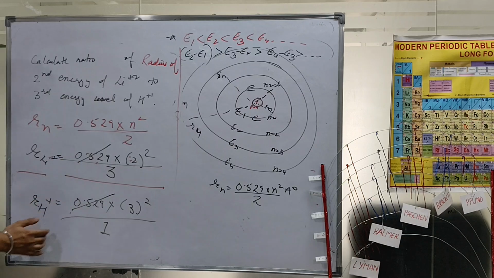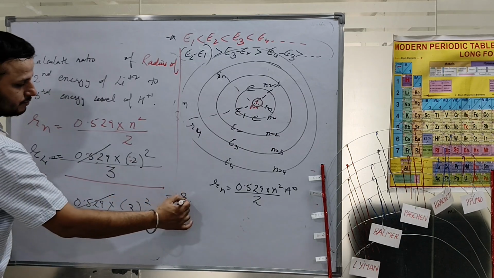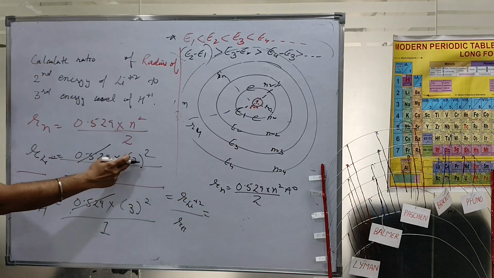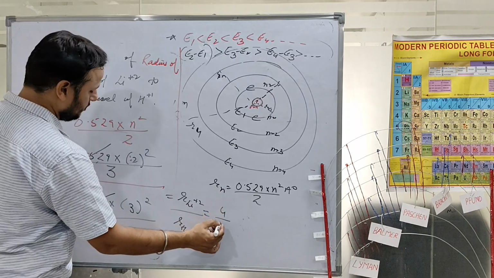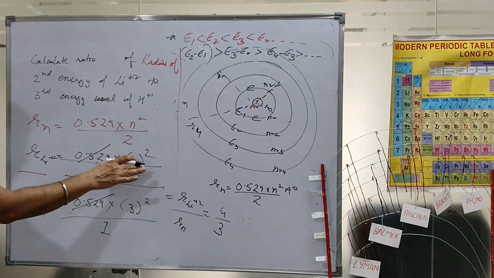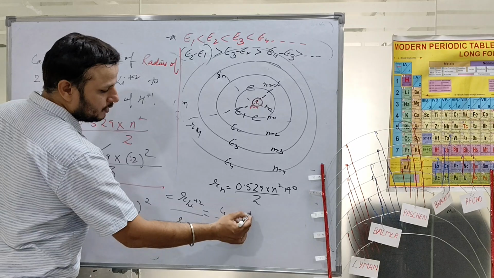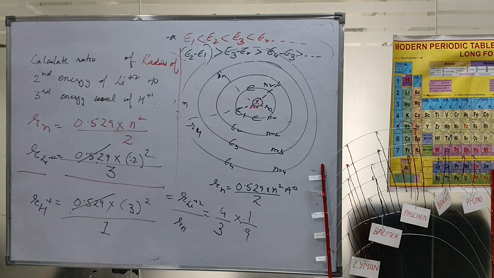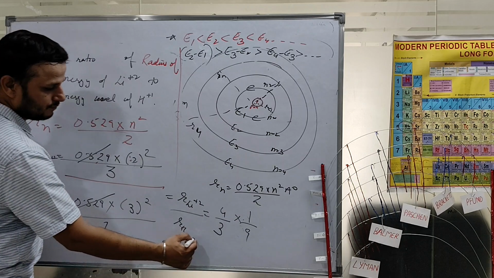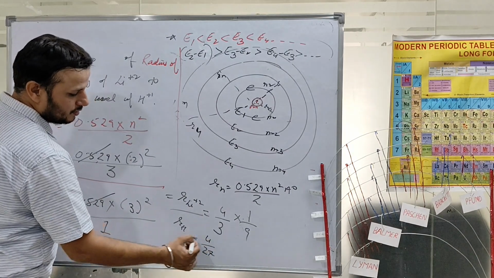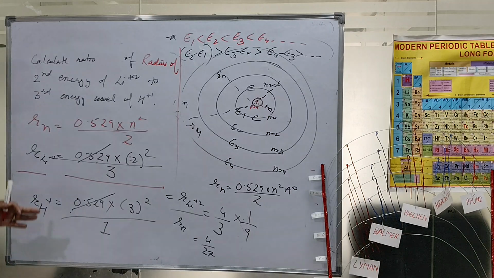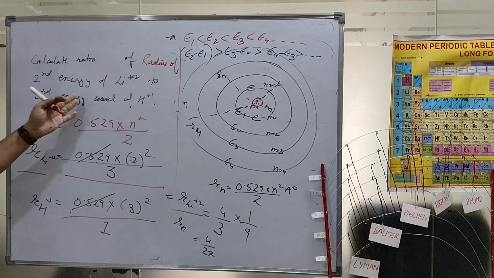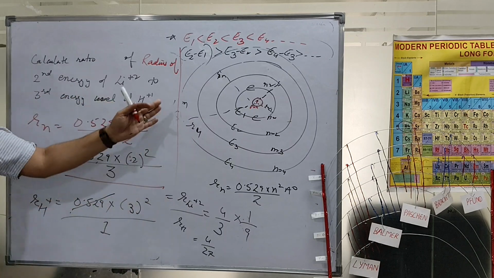So the ratio of lithium plus 2 to hydrogen becomes 2 into 2, 4 by 3, and this will come as reciprocal into 1 by 3 square. So that comes as 4 by 27. This is the ratio of second energy level of lithium to third energy level of hydrogen.